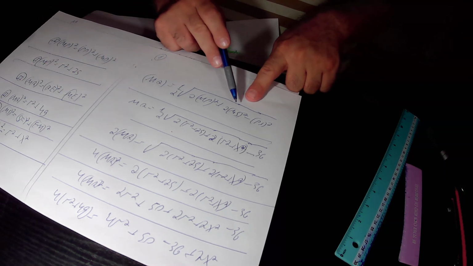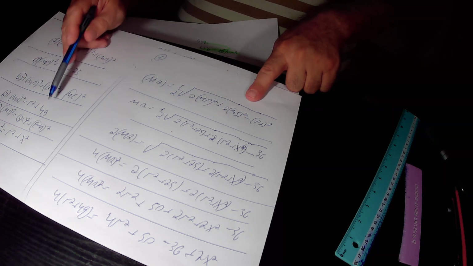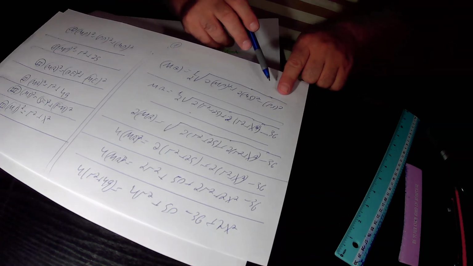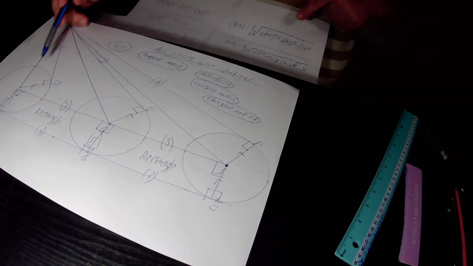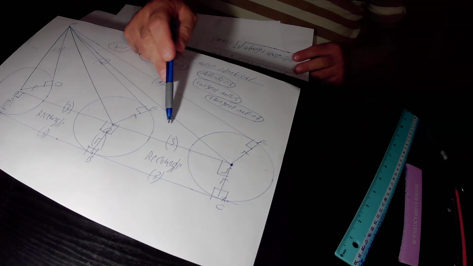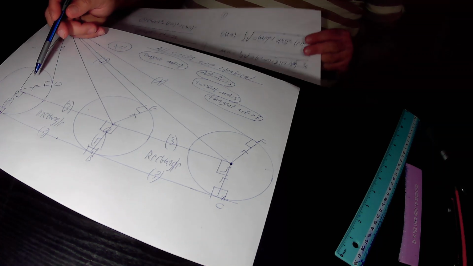We substitute MS square by R square plus X square, and we have here minus PS square. PS in total equals 3 plus 3, that is 6. Therefore PS square equals 6 squared, that is 36.